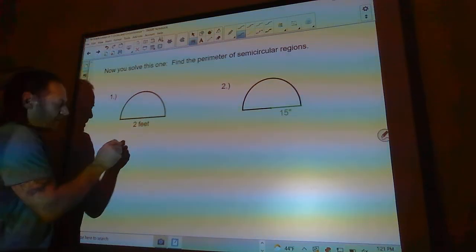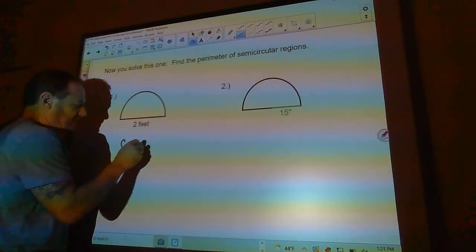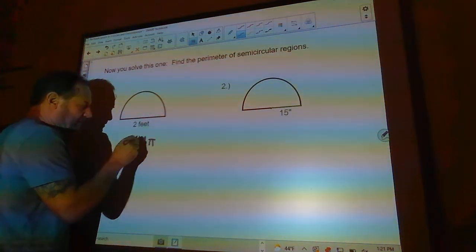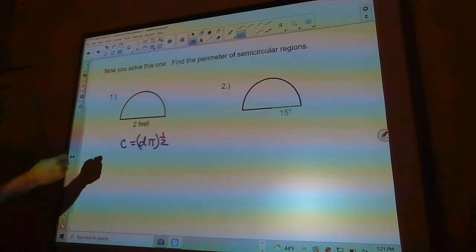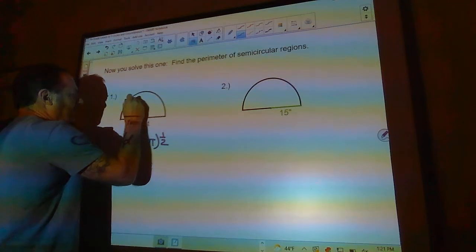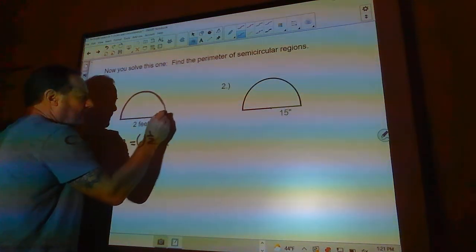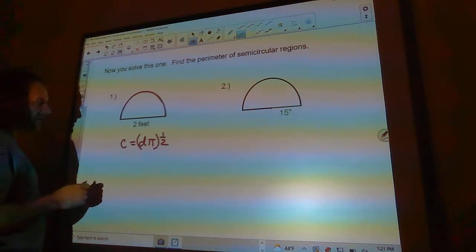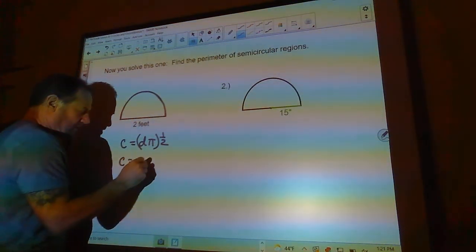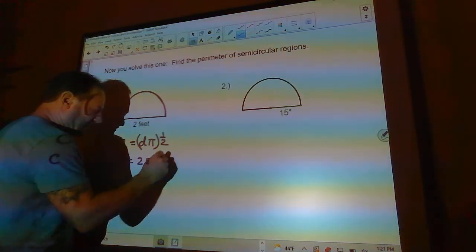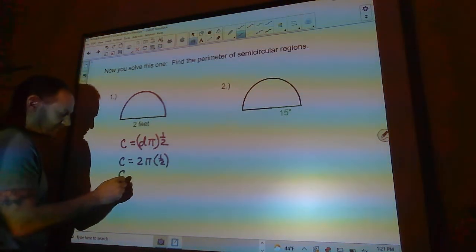Okay, so again, my circumference is going to be the diameter times pi, but I only want half of that because it's a semicircle, and I'm going to get this part right here. Okay, so the diameter is 2, so the circumference is 2 times pi times 1/2, which is the half, and the 2s cancel out. This is just pi.